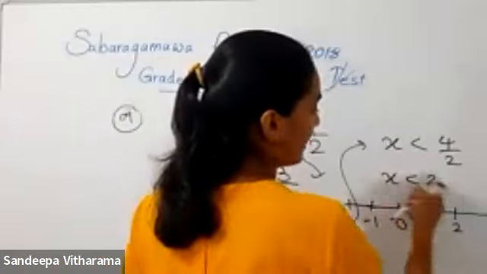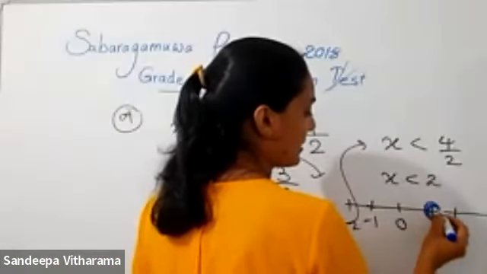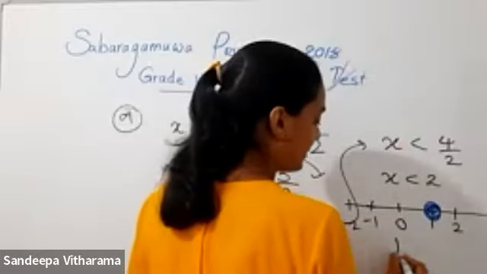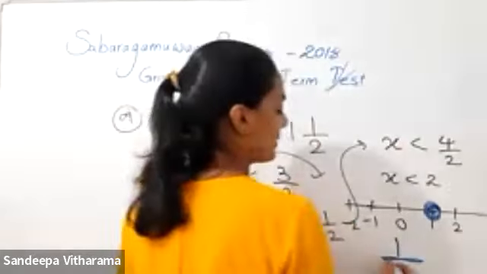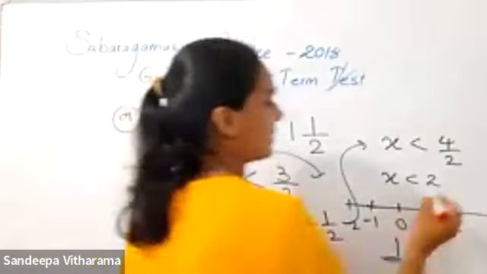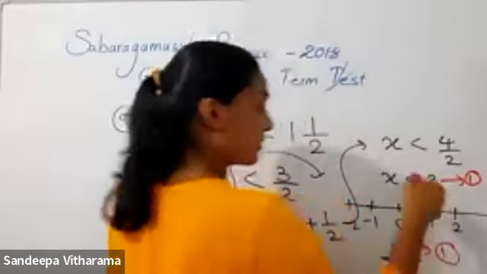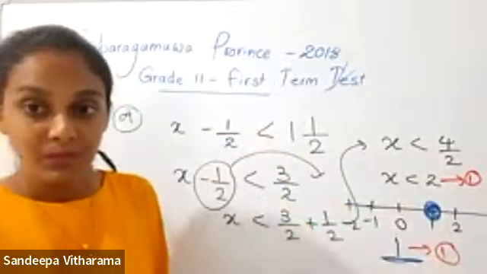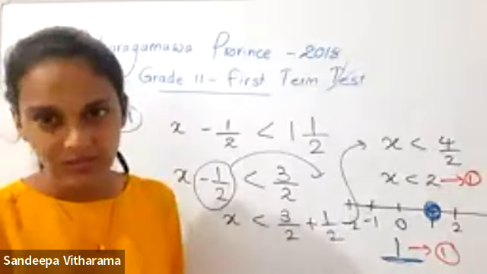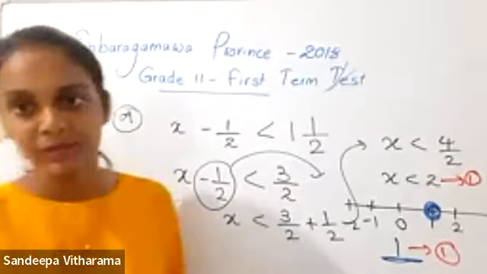Less than 2, there's no equal sign either. So there's only one positive value, it is 1. Okay. So for solving this inequality you are given 1 mark, and for finding the answer, that means obtaining the positive integer, you are given 1 mark. All together 2 marks are given. Okay.